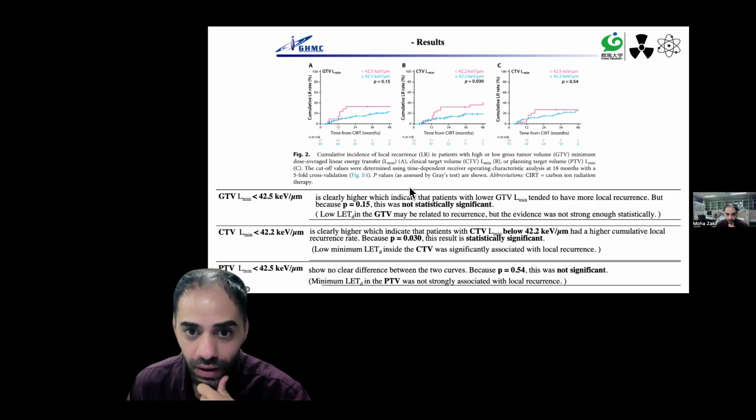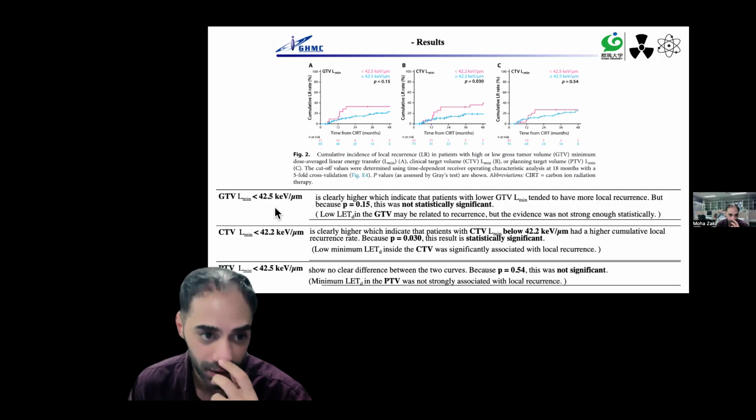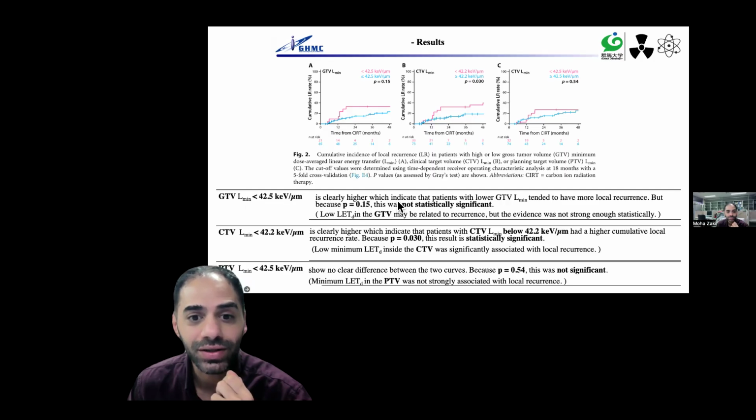Anyway, for the GTV, the group with minimum LET less than 42.5 keV is clearly higher, which indicates that patients with lower GTV LET minimum tend to have more local recurrence.